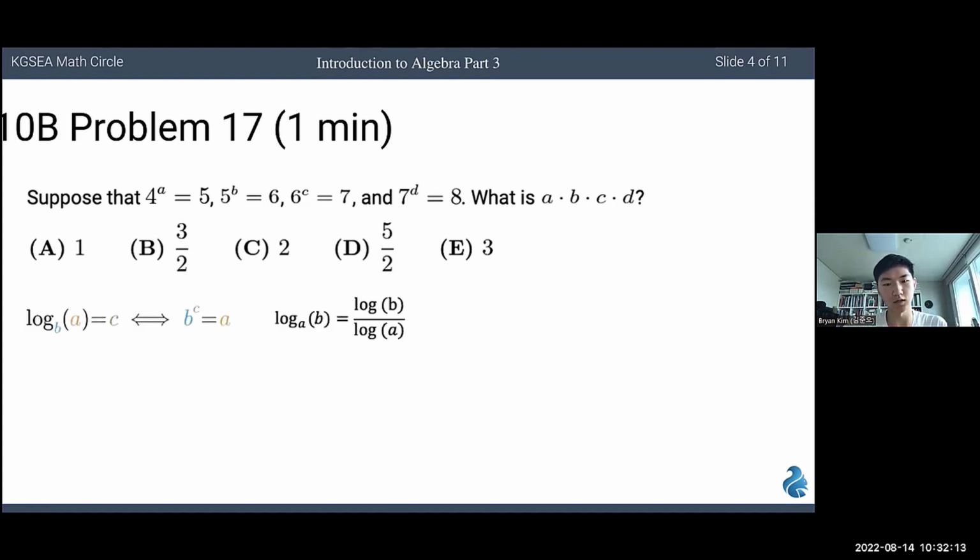If you're still stuck on what properties are being used to solve this problem, the basic properties that you need to know are, of course, the basic definition of logarithms and the fact that log b base a equals log b over log a.